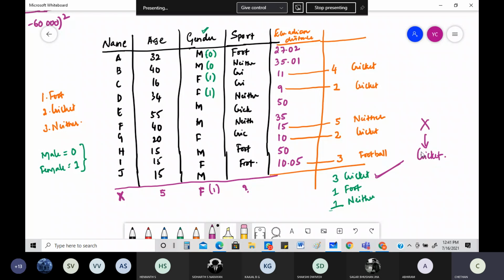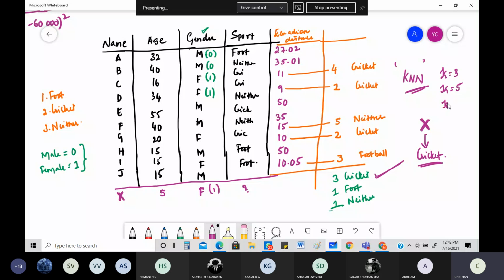I don't know what she is going to play once she grows up because she's only 5 years old, but I can easily classify X under the category cricket based on my KNN algorithm, without any problem. Even for 3, it came up as cricket only. For 5, it came up as cricket only.